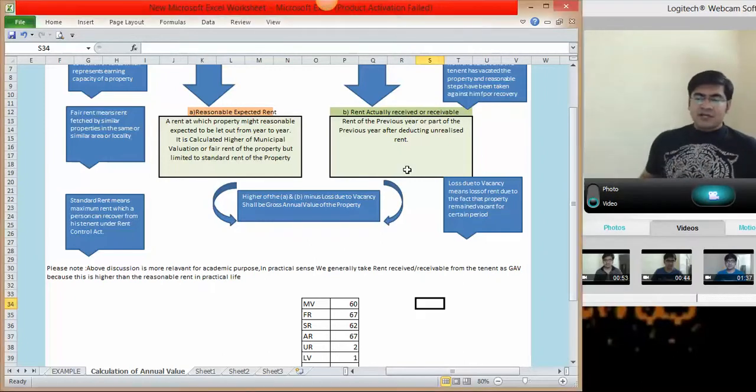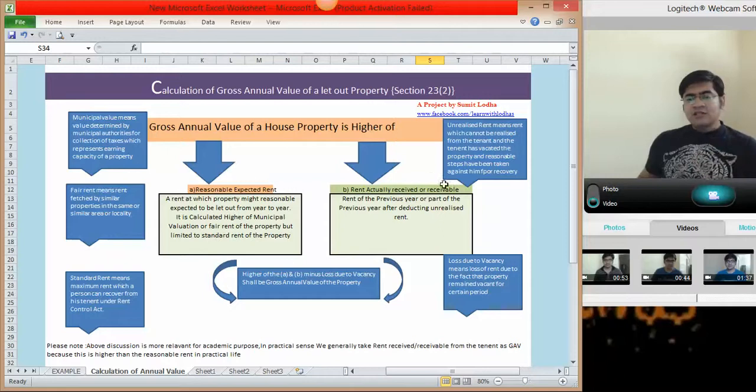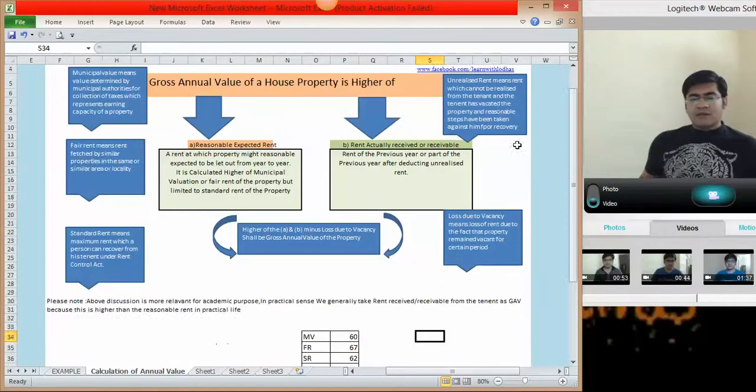As we have already covered, the gross annual value of a let out property can be calculated by comparing reasonable expected rent and the rent actually received or receivable. Since it says received or receivable, we have to take the total 12 months rent, even if we got only 10 months and could not get 2 months due to non-availability of a tenant.